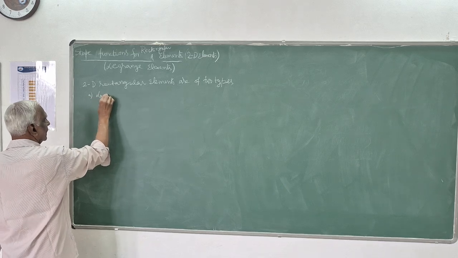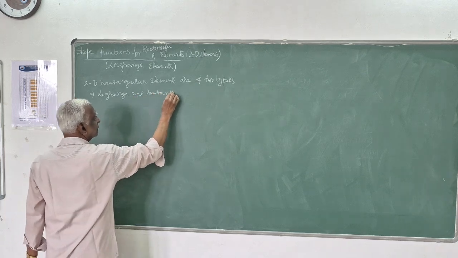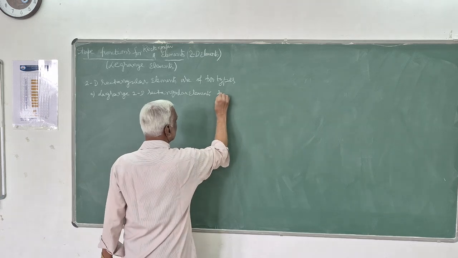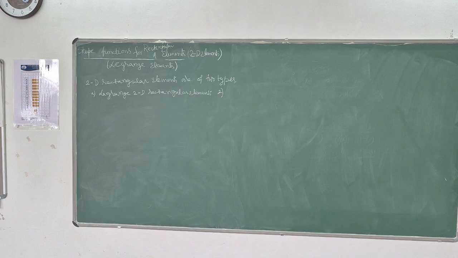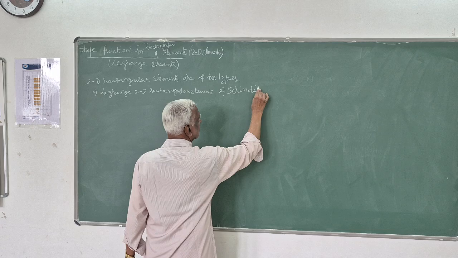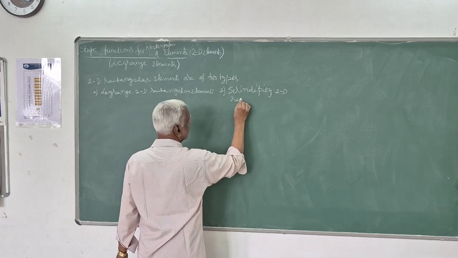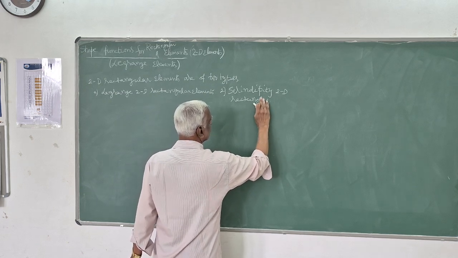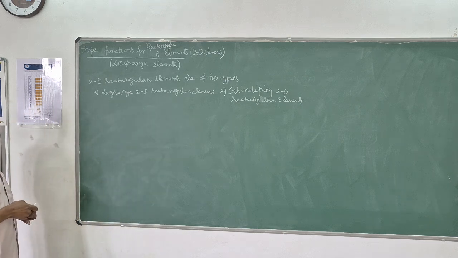One, Lagrange 2D rectangular elements are of two types.